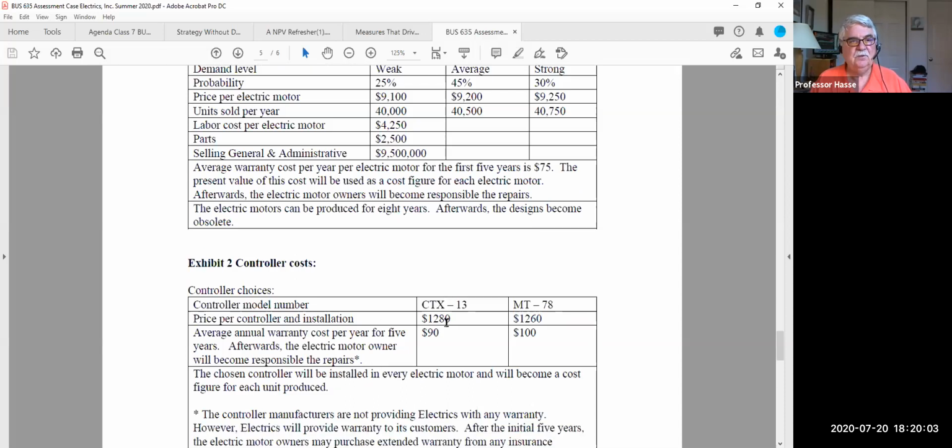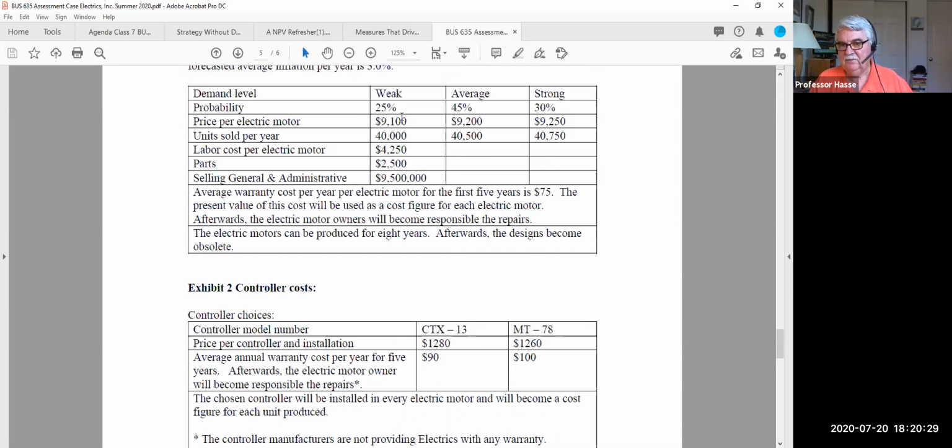So let me count the number of spreadsheets you'll be doing. For this controller, CTX13, you'll be doing an average base case analysis. That's 1. You'll be doing a strong case scenario analysis. That's 2. You'll be doing a weak scenario analysis. That's 3.